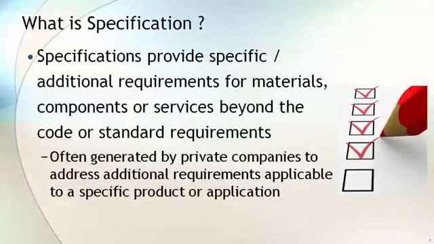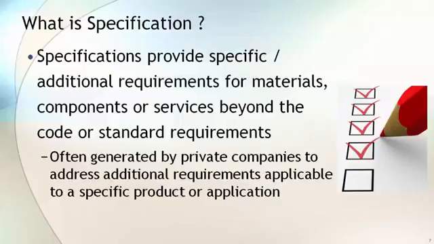Specification provides specific additional requirements for the material, components or the service that are beyond the code or standard requirements. For example, if you want A106 grade B pipe with maximum carbon of 0.23% against the standard requirement of 0.3% max, you have to specify your requirement in your specification or in a purchase order.